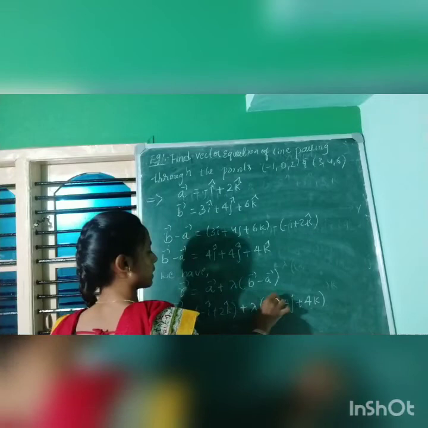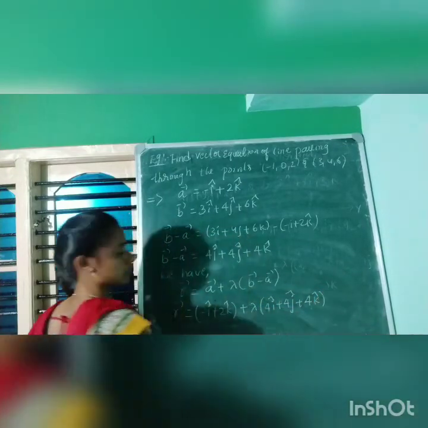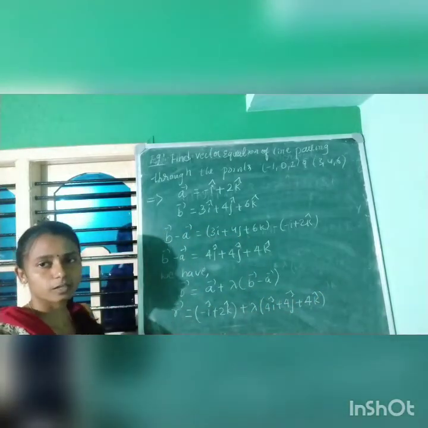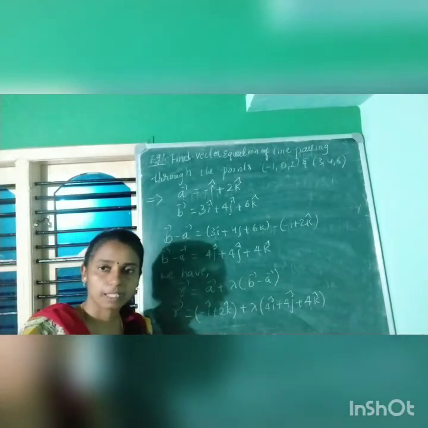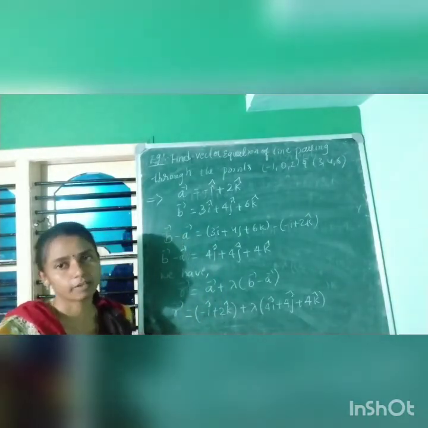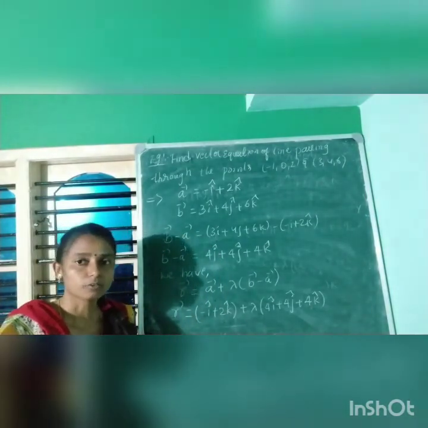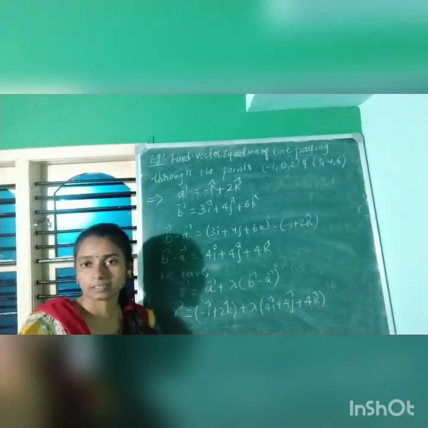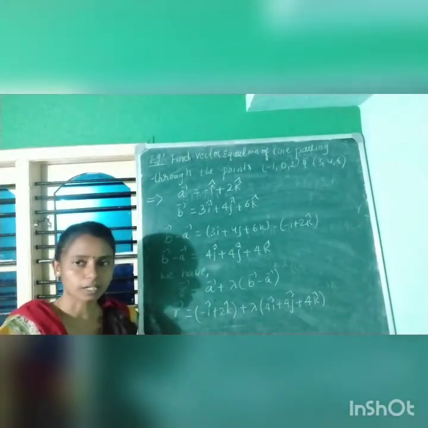Hope you guys understood this example. This is the required equation of a line passing through the given two points in vector form.